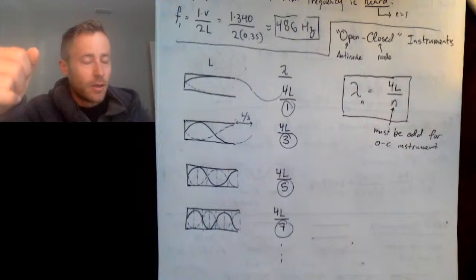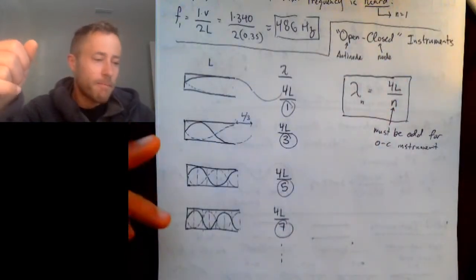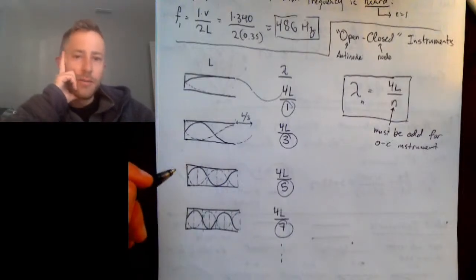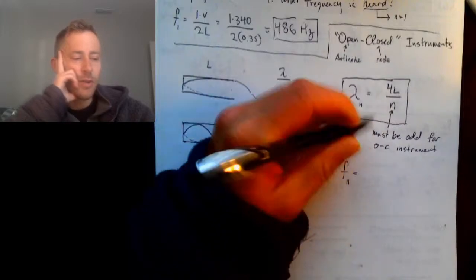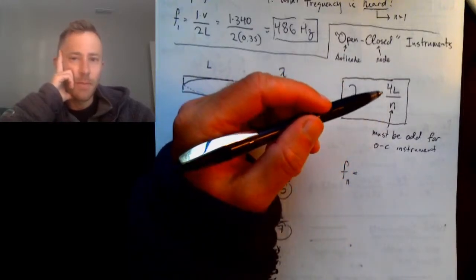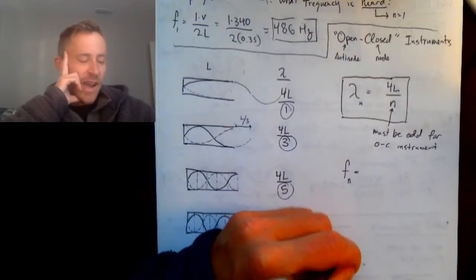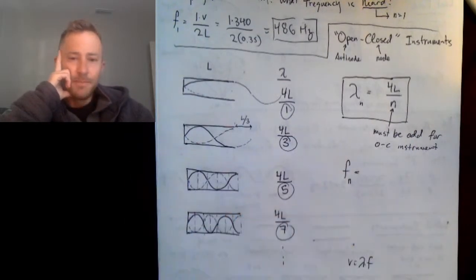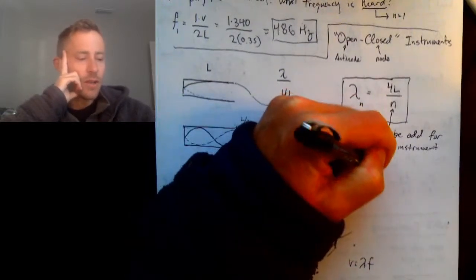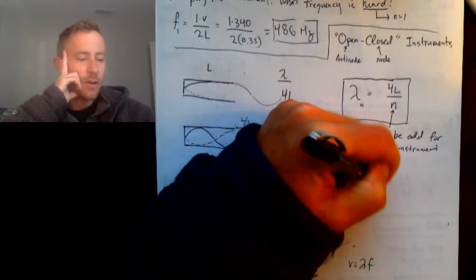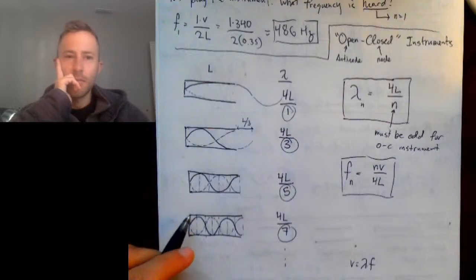That's an important point for open-closed instruments. And then for the frequency of the nth harmonic, once again we use the equation V equals lambda F, and we can use that to solve for the frequency. What you get is NV over 4L.